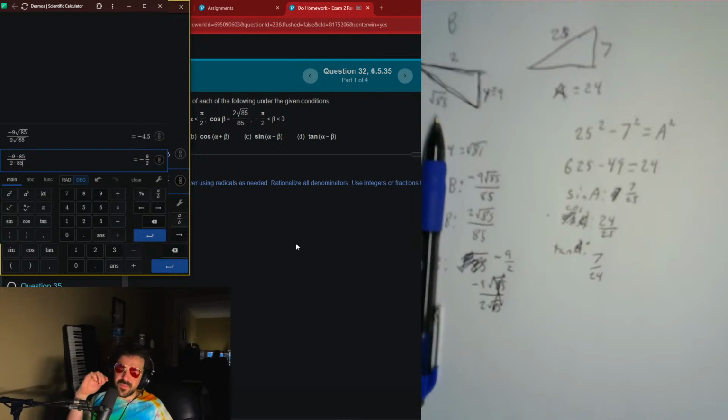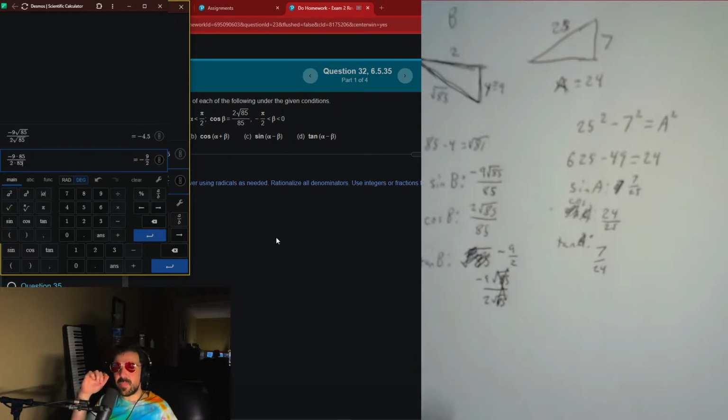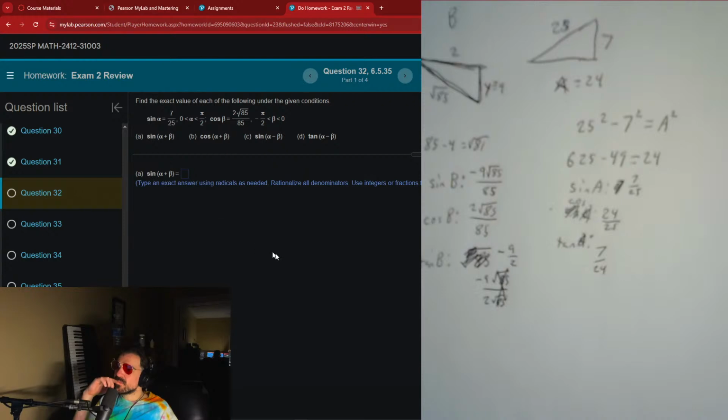So now we have all this stuff that we need. Now we can start writing formulas.